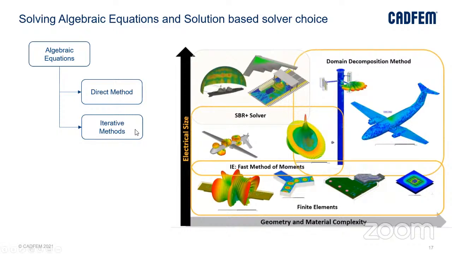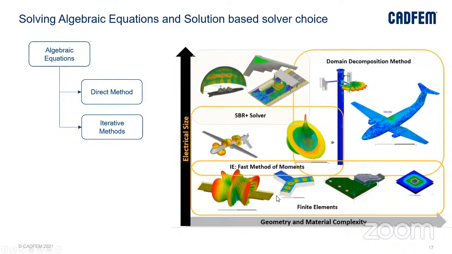The iterative method takes certain iterations or numerical equations to solve in several steps. Depending upon the structure and application, the user or the engineer can choose which method is suitable.